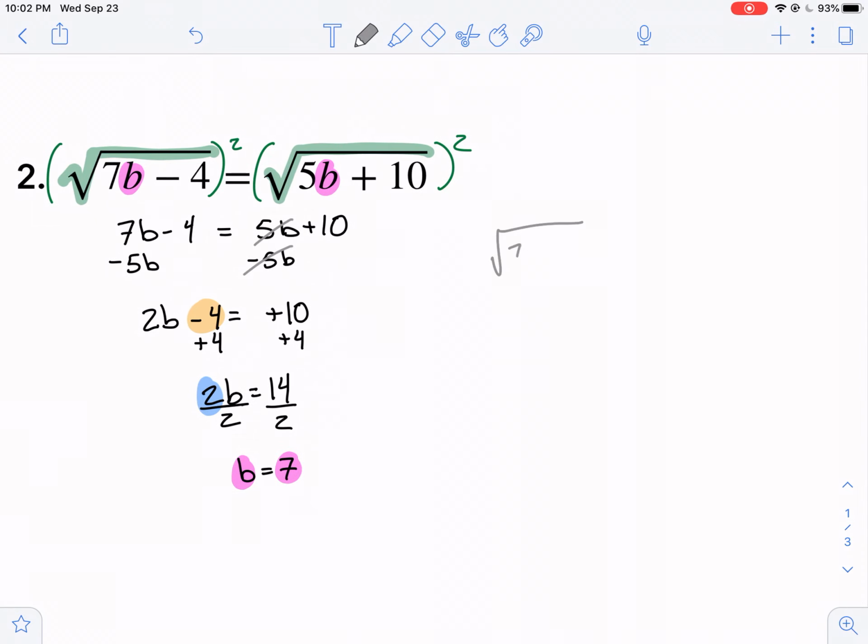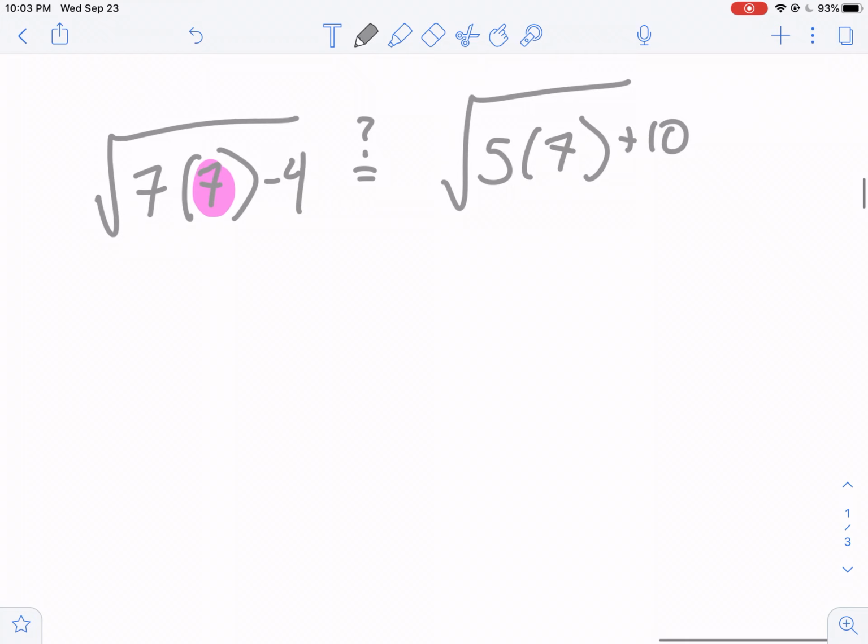So the square root of 7 times 7, because we're plugging 7 in for b, minus 4. Is that equal to, we don't know, so we'll ask, is it equal to the square root of 5 times 7 plus 10? Well, let's work it out and find out. 7 times 7 is 49 minus 4.